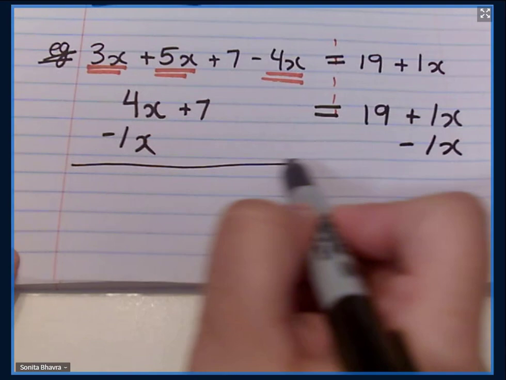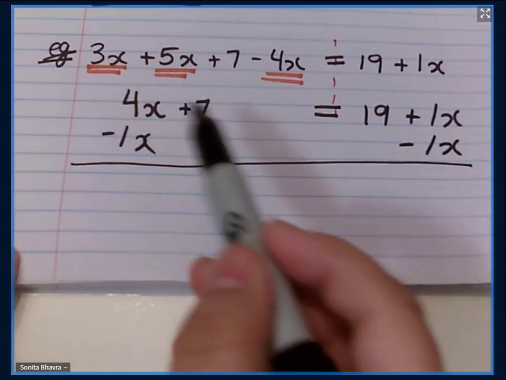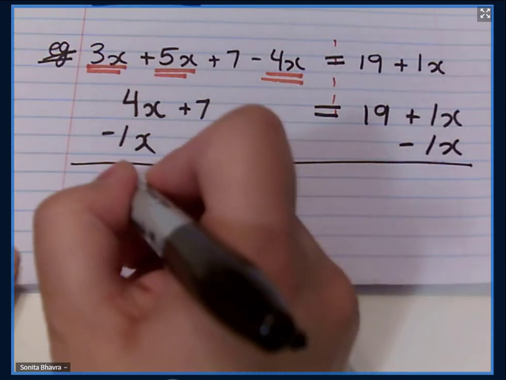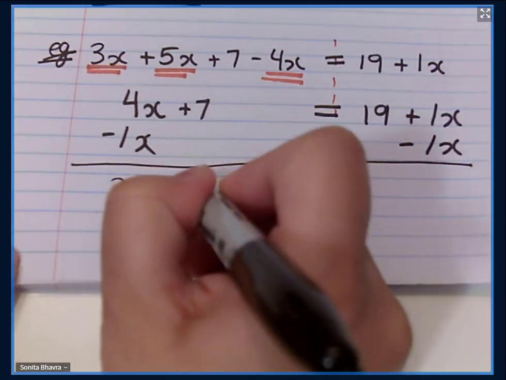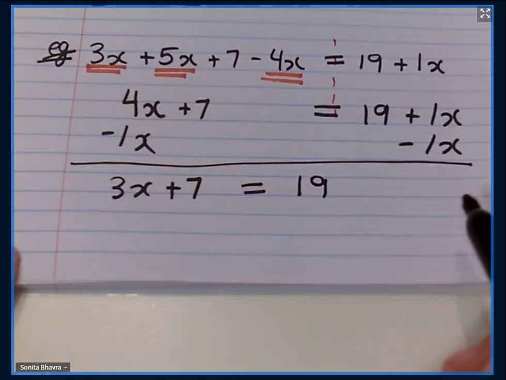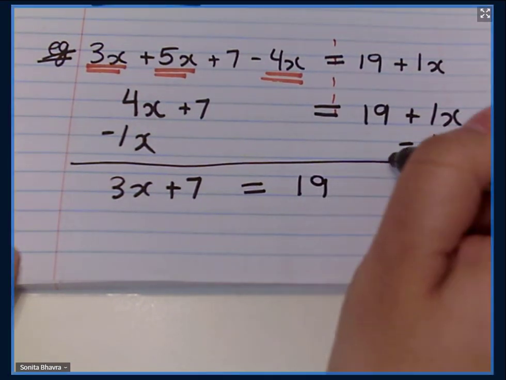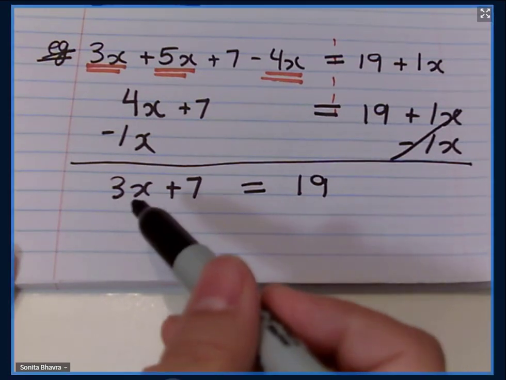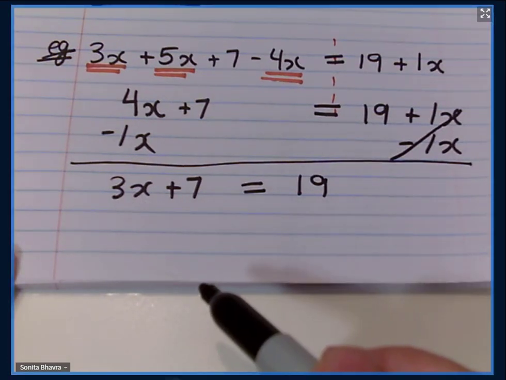Draw my line. On my left-hand side now, I have 4x minus 1x, which is 3x, plus the 7, and it's equal to 19. 1x minus 1x is gone, it's 0. So now I have 3x plus 7 is equal to 19.